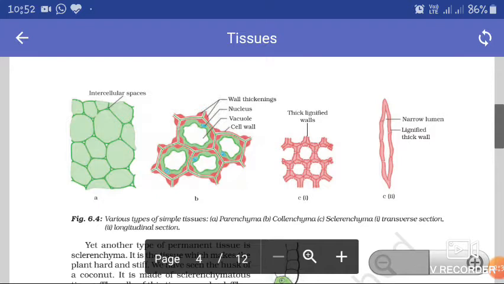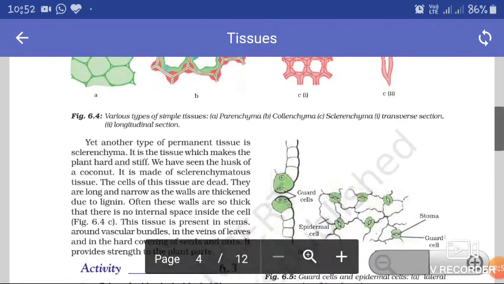You have seen very little intercellular space and wall thickening, nucleus and vacuoles in collenchyma; B and C are sclerenchyma; and D is the transverse section and longitudinal section of sclerenchyma.